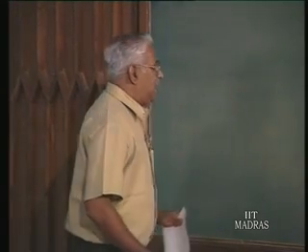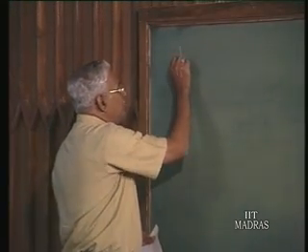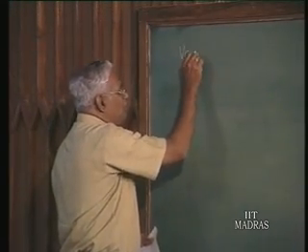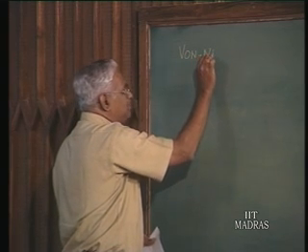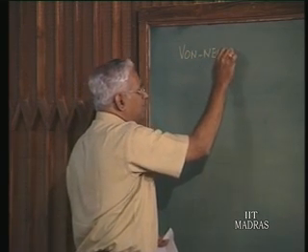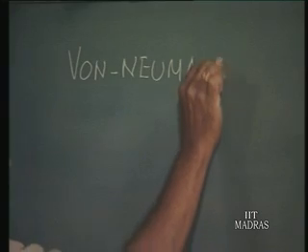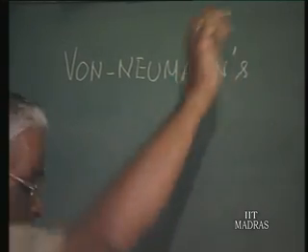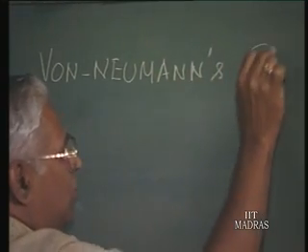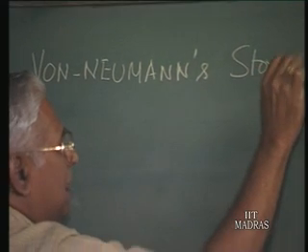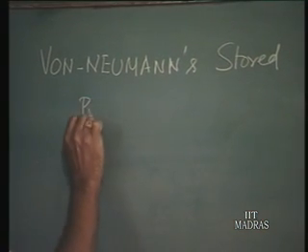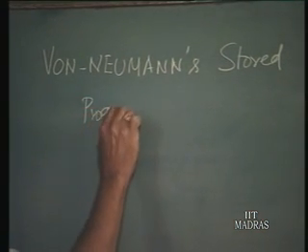What did we start with? We started with saying that by and large we have what is known as von Neumann's model, specifically called stored program digital computer. Okay.